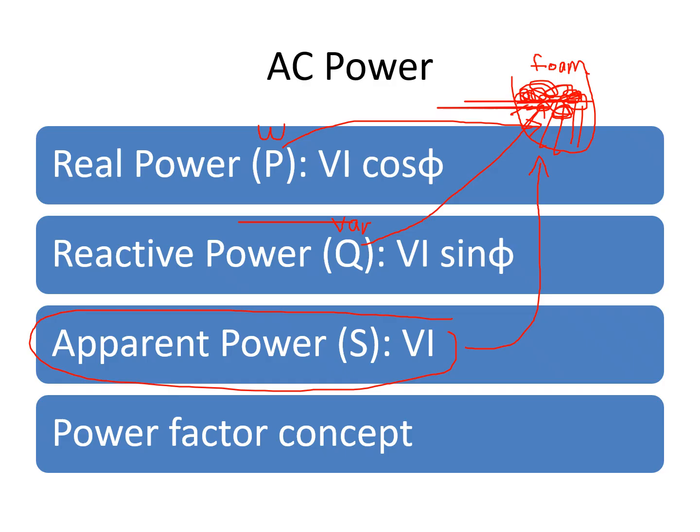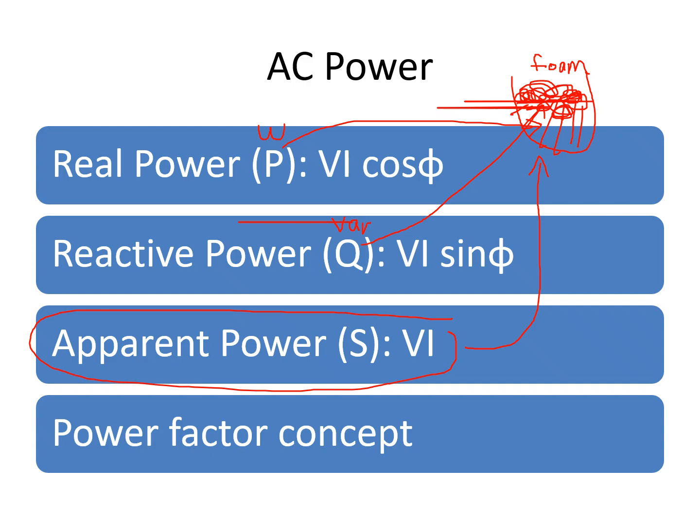So the mug size must be big enough for beer plus foam, which we call apparent power. And we show it with S in power systems. So you don't actually use reactive power, but it's unavoidable and it affects the system.